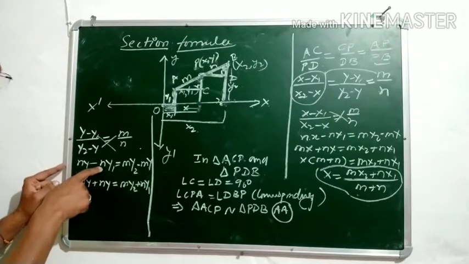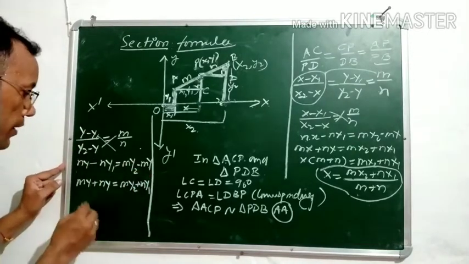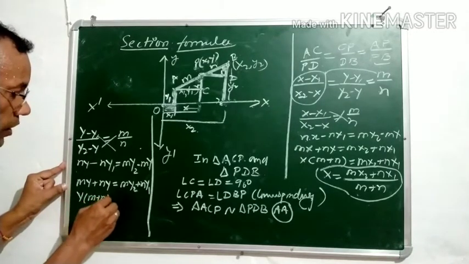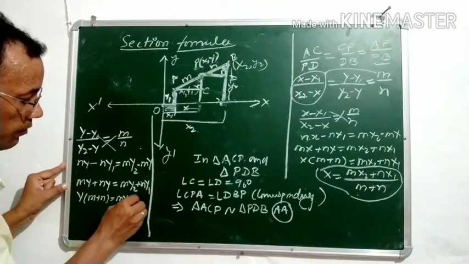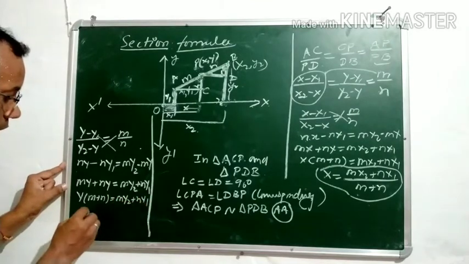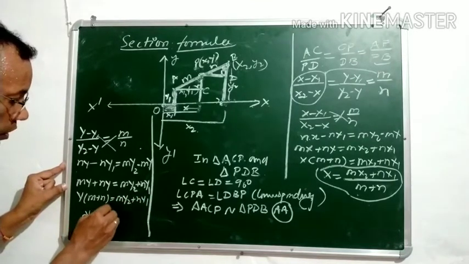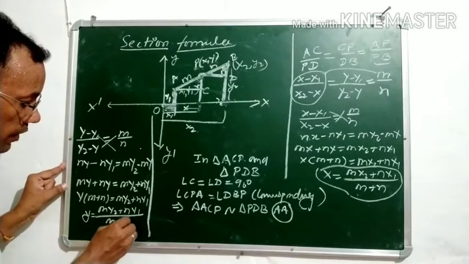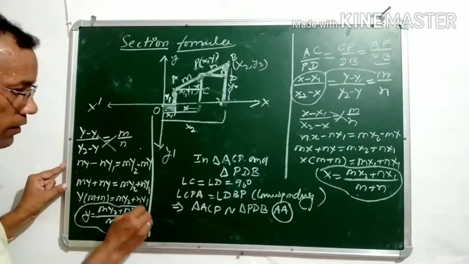So m plus n times y is equal to my2 plus ny1, then y is equal to my2 plus ny1 divided by m plus n.